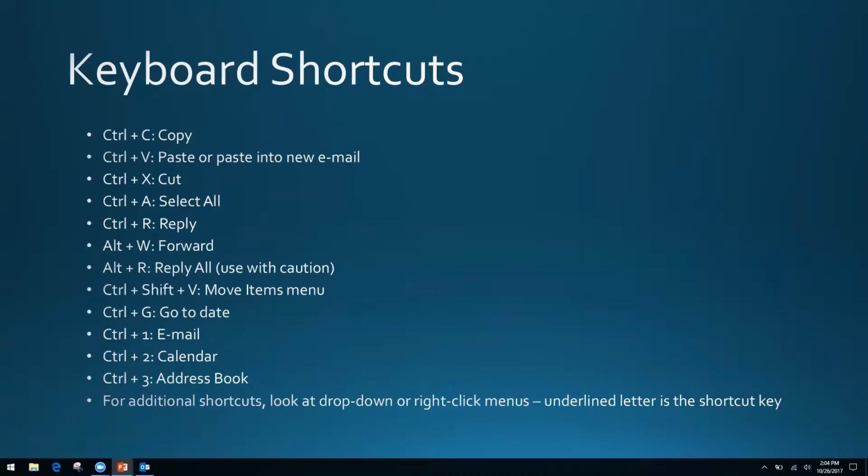What's neat about Control-V is that if you copy a line of text or a block of text and then use Control-V, it will immediately pop open a new email window. So you can select the text, open a new email without having to click a bunch of buttons.